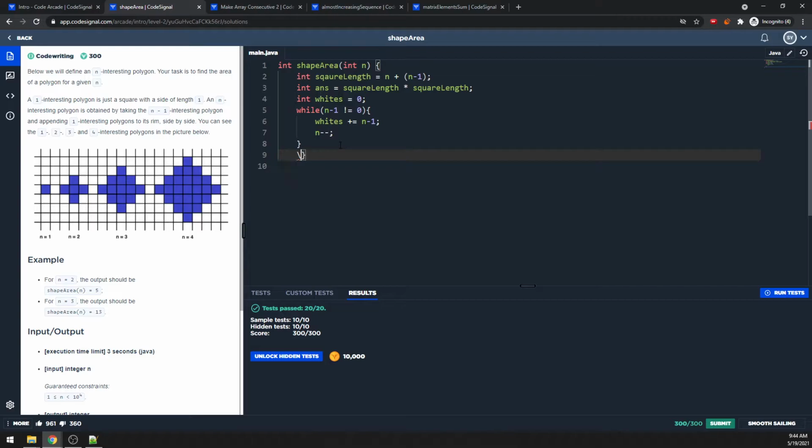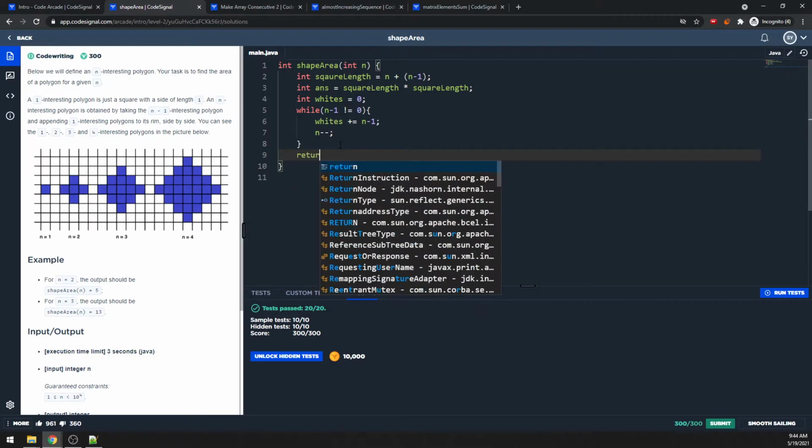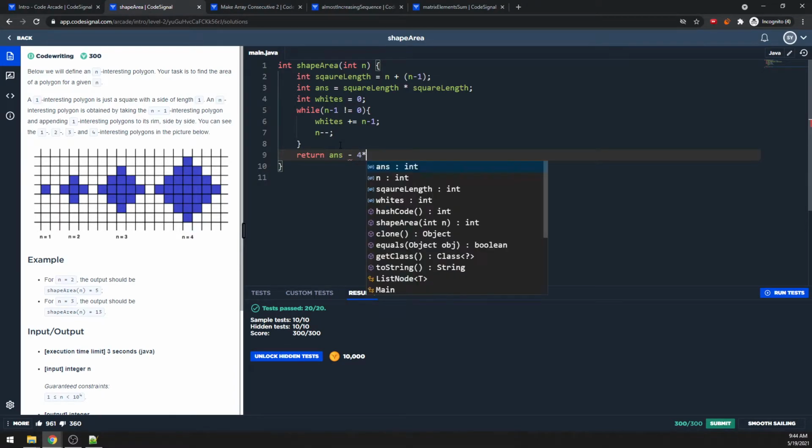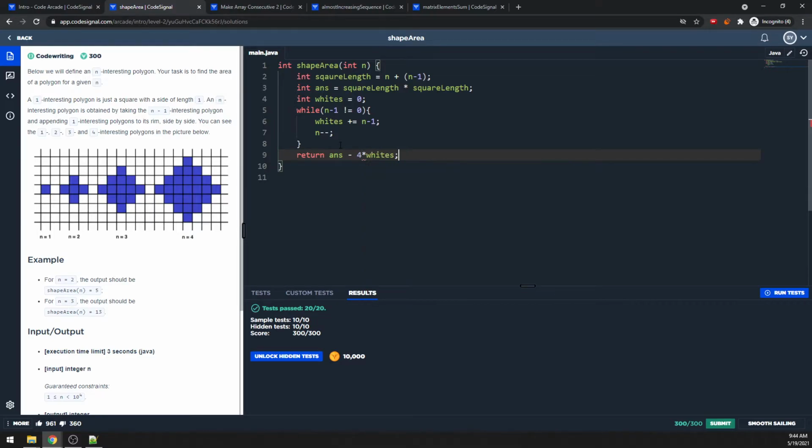Then you just subtract: you return the total area minus 4 times white, and you get the entire blue area. So you get the entire square area and subtract the small triangle times 4.